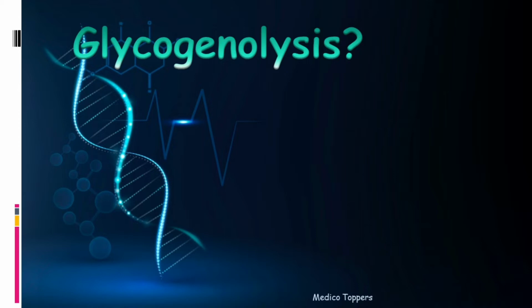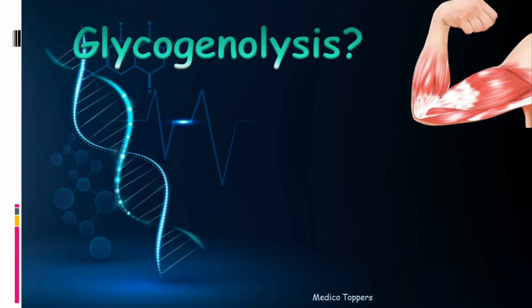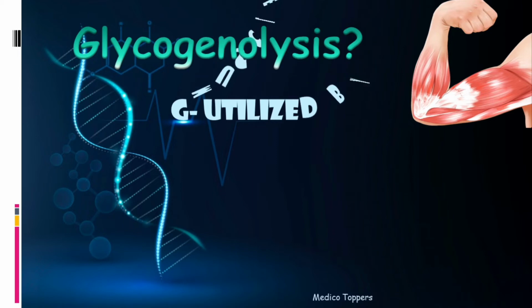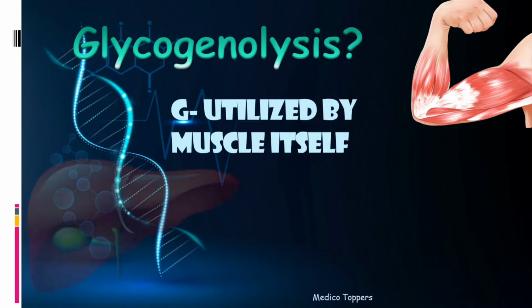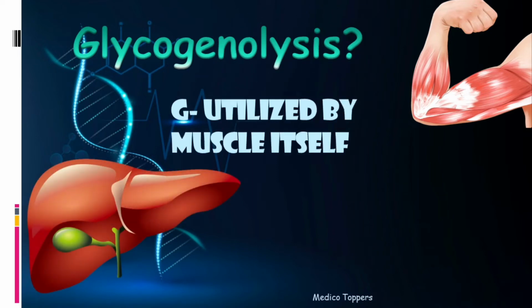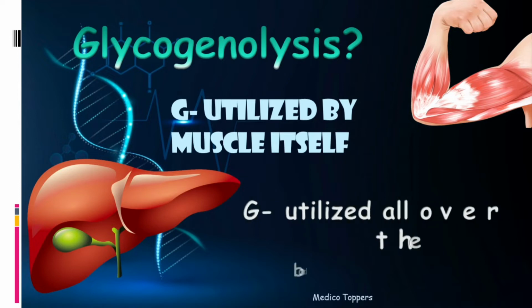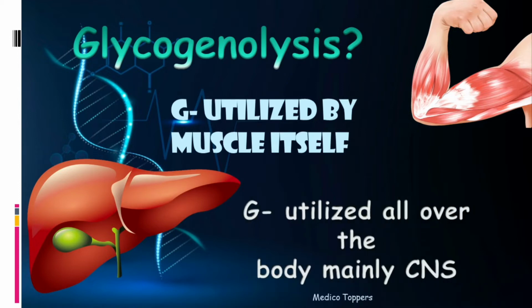If it is happening in the muscle, the glucose produced would be utilized by the muscle itself, and if glycogenolysis is happening in the liver, that glucose would be utilized all over the body, mainly the CNS, because our brain mainly uses the glucose form. You have to remember, the main source of glucose in our body is the liver only.